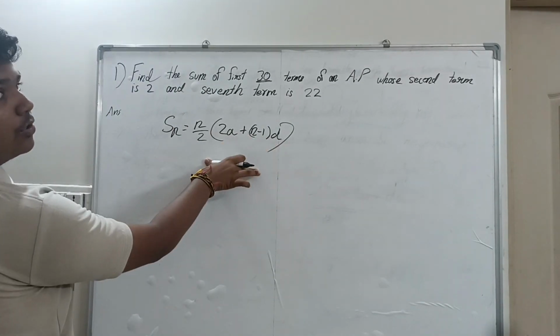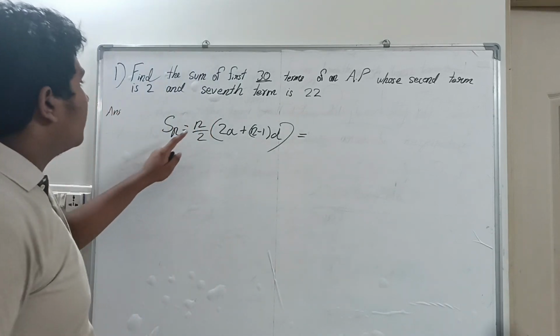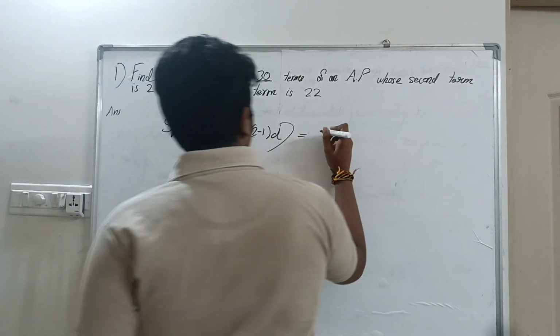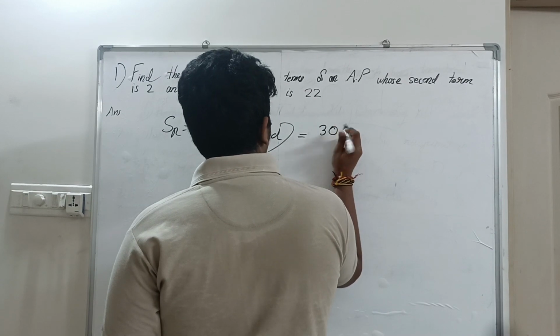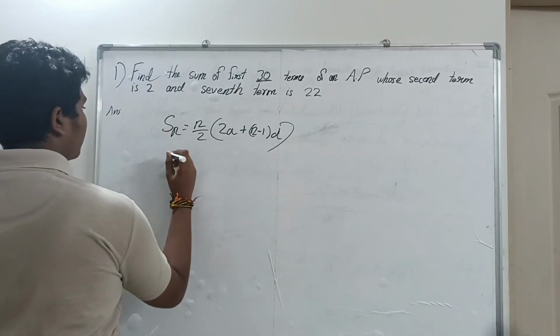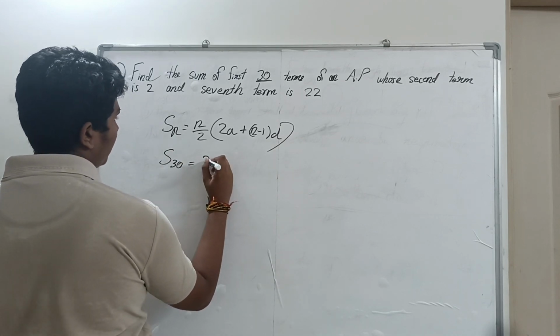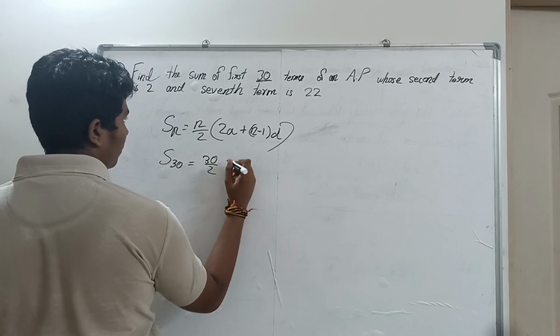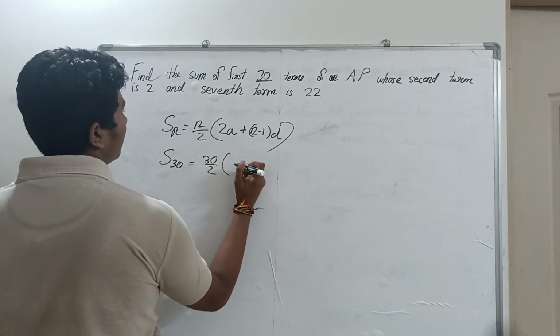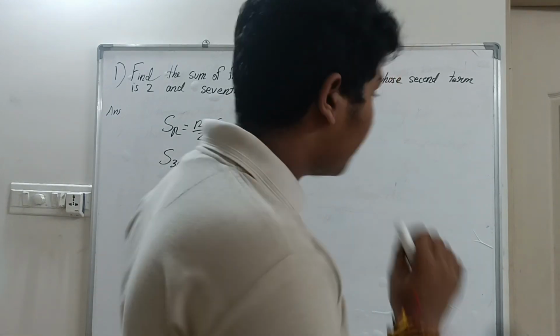Now you did this. Let's see. What is n? n is 30, right? Before we do that, we should write S30 is equal to 30 by 2 into, what is a? a is equal to minus 2, right?